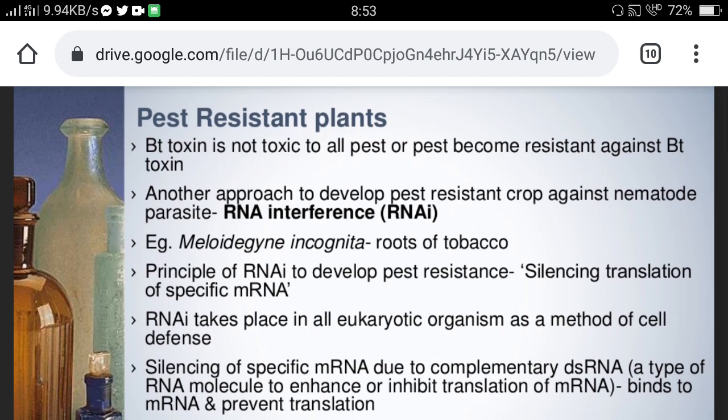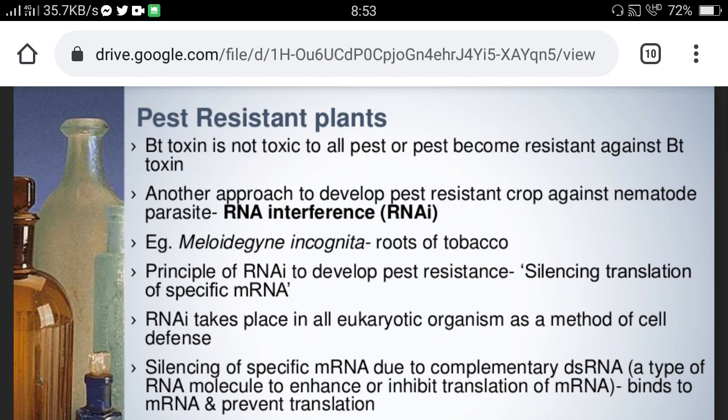Pest resistant plants. Bt toxin is not toxic to all pests, or pests become resistant against Bt toxin. Another approach to develop pest resistant crops against nematode parasites is RNA interference, RNAi. For example, Meloidogyne incognita in roots of tobacco.